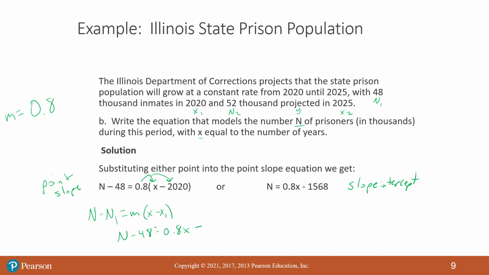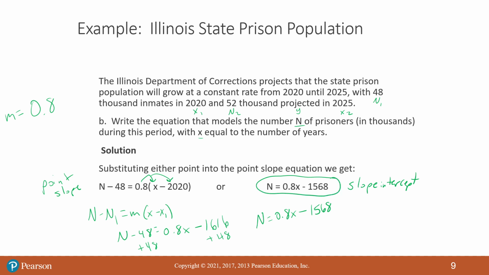Do it on your calculator, see what you get. I'm getting 1,616. And then all I have to do is add 48 to the other side to get n by itself. And what I'm getting is n equals 0.8x minus 1,568, which is the same thing they got for their slope-intercept.